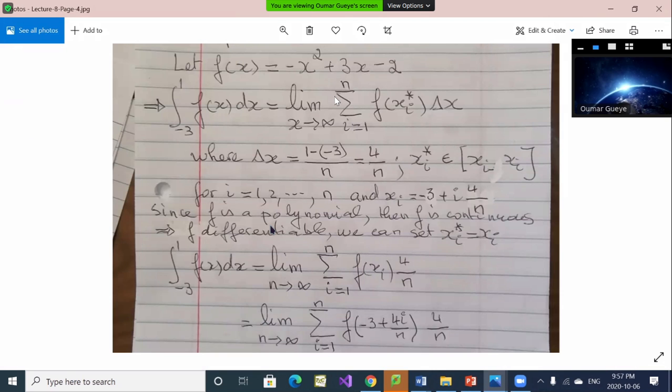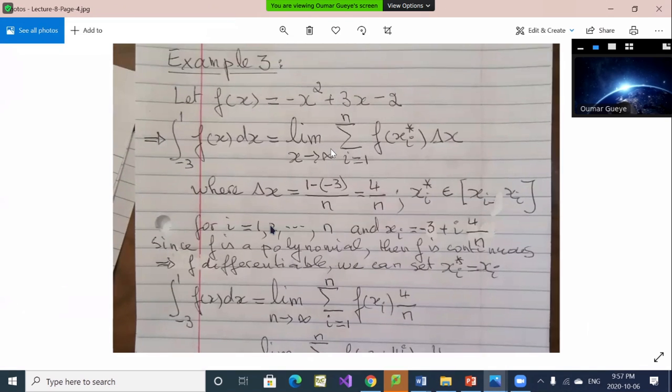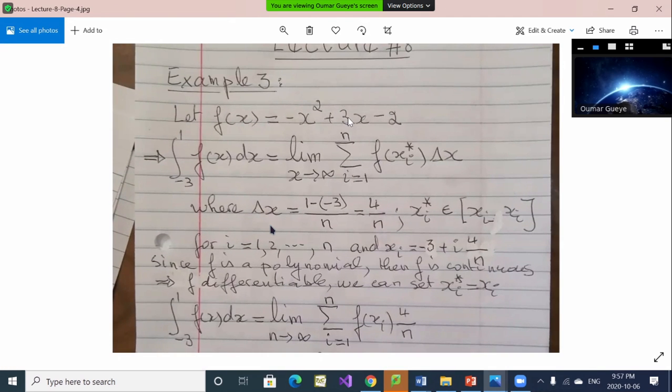So I let f of x equal negative x squared plus 3x minus 2. This is the function given by the question that we're supposed to integrate over the interval from -3 to 1, also given by the question. And as the question mentioned, we have to use the definition of the definite integral.